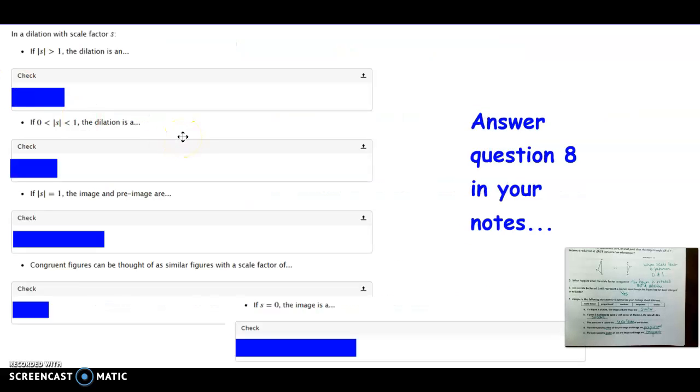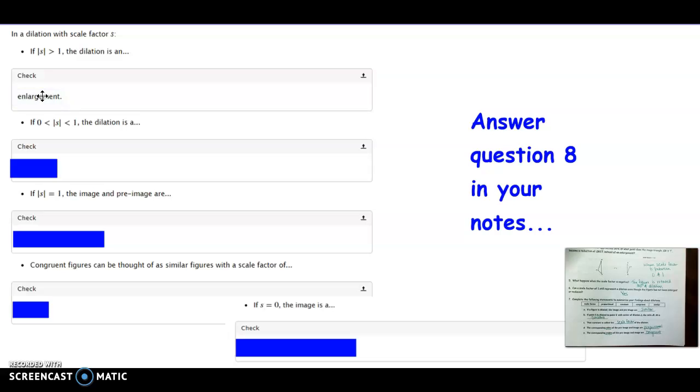So here is some other things we want to make sure we understand. So if your scale factor, and remember these bars around the S is saying absolute value, so it would make a negative scale factor a positive number. So if your scale factor's absolute value is greater than 1, then remember the dilation is creating an enlargement.